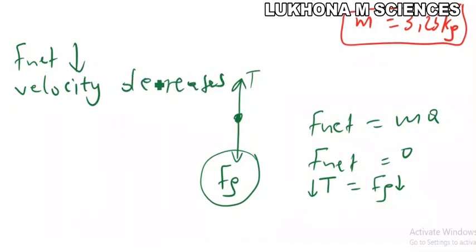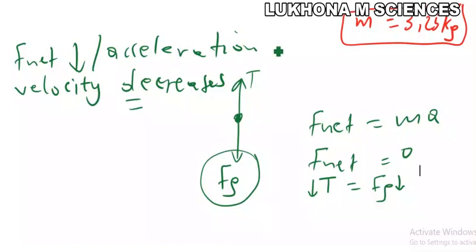The answer is decrease because the net force decreases, or the acceleration decreases. So you get 2 marks for saying the net force decreases, then you get 1 mark for choosing decrease for the velocity. Then we are done. Thank you very much.